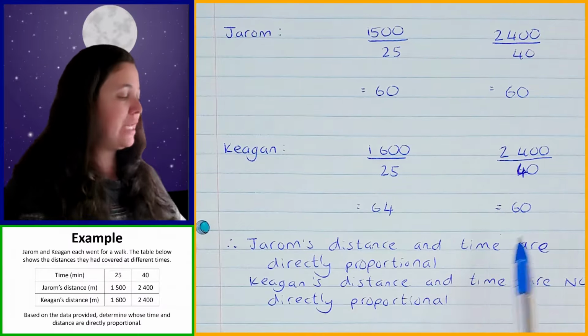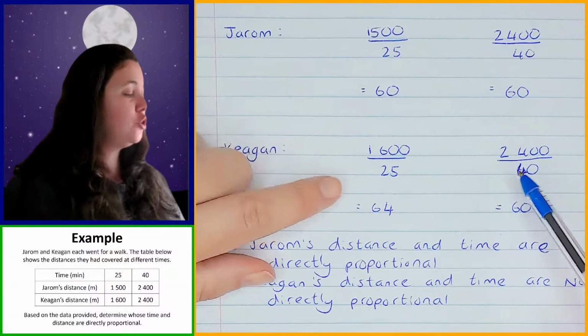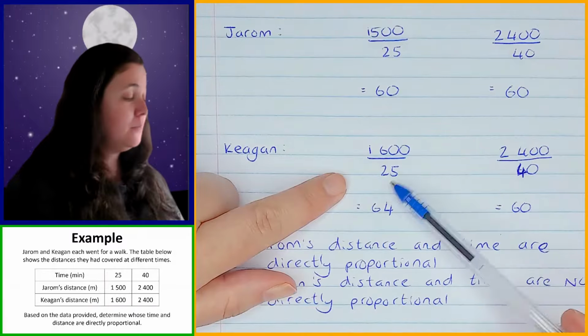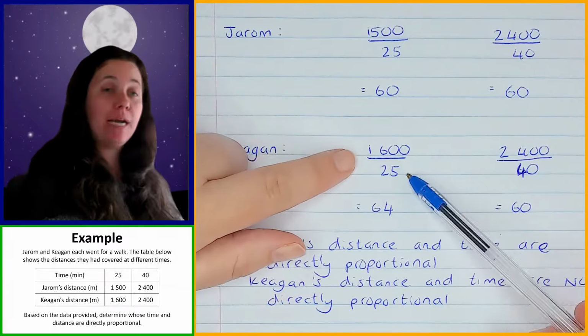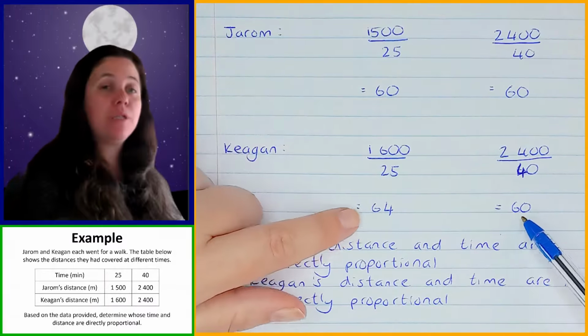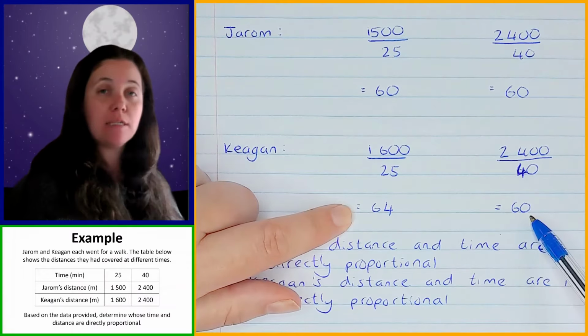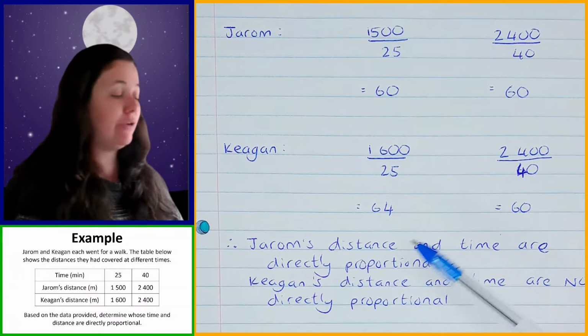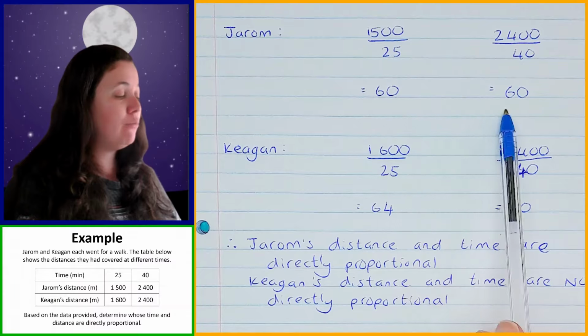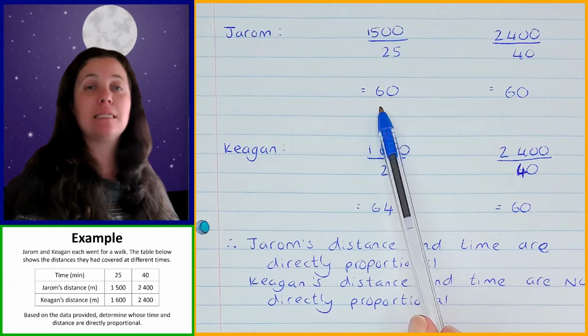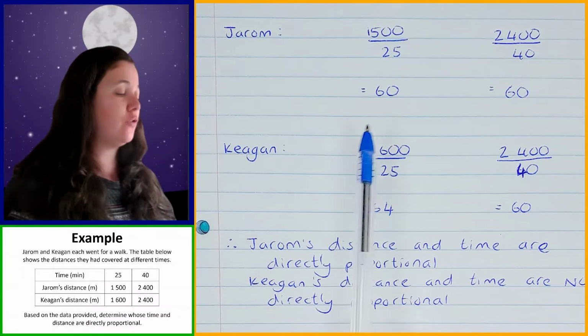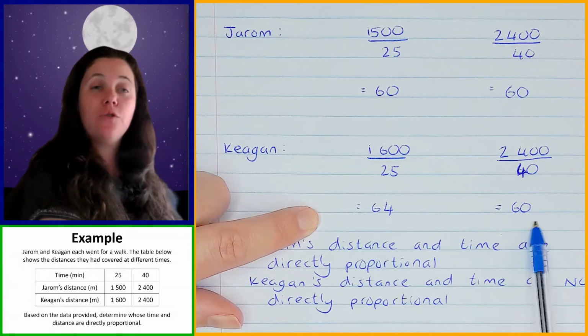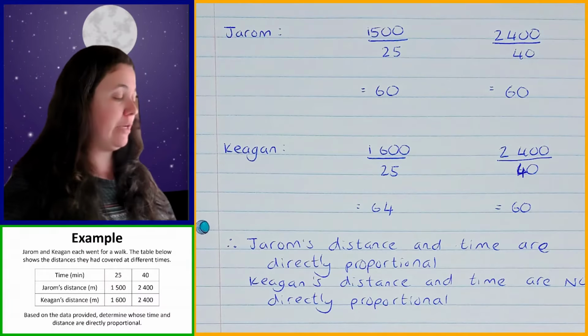And the reason I know that is because when I took the two measurements for Keegan and I divided there, I ended up with different results. So it's not constant. That means that it is not directly proportional. So when you get the same result, then you can say it's directly proportional based on the data that you've got. And when you get different results, you can say it's not directly proportional.